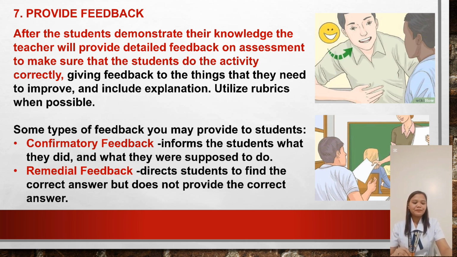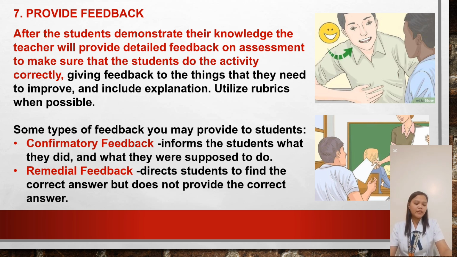So in the seventh event of instruction, providing feedback means giving students an explanation of what they are doing correctly and incorrectly. Feedback can help the learner become productive in their learning, provided with an explanation as to what is accurate and inaccurate about their work.